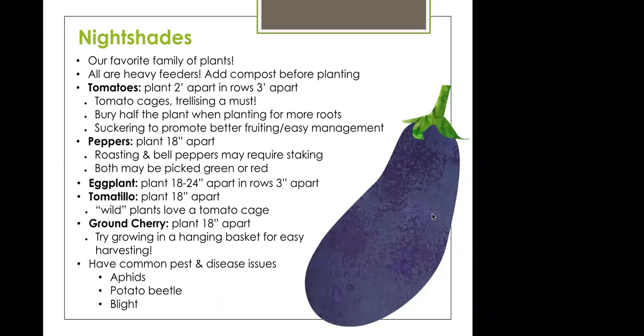Even though pepper plants grow straight up, they can sometimes overfruit, and the fruit can cause the plant to lean over. So staking is almost necessary for pepper plants.